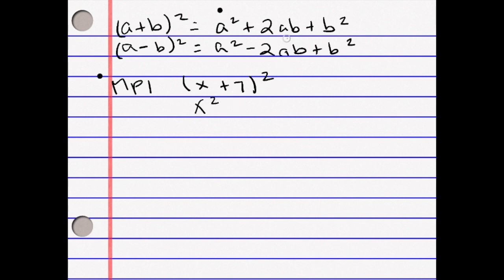Okay, the next one. We're going to multiply A and B together. So these two multiplied together makes 7x. Then you're going to multiply it by 2, so it makes 14x. Then I'm going to take whatever's in the B position, and I'm going to square that, which makes 49.